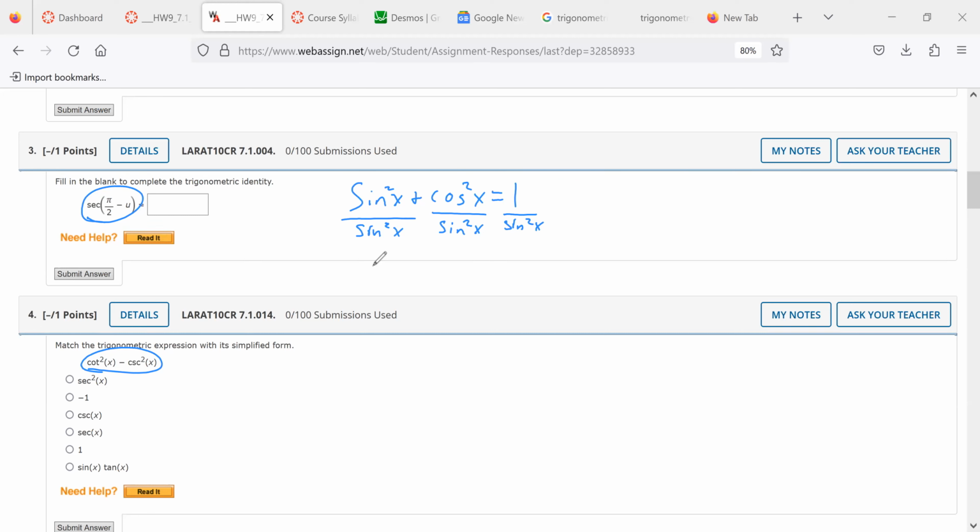This would be 1 plus cotangent squared equal to cosecant squared. Do you agree? You all see that it becomes that next line. Yes.